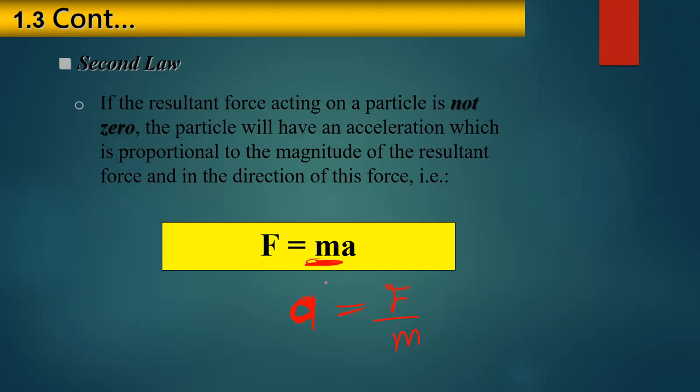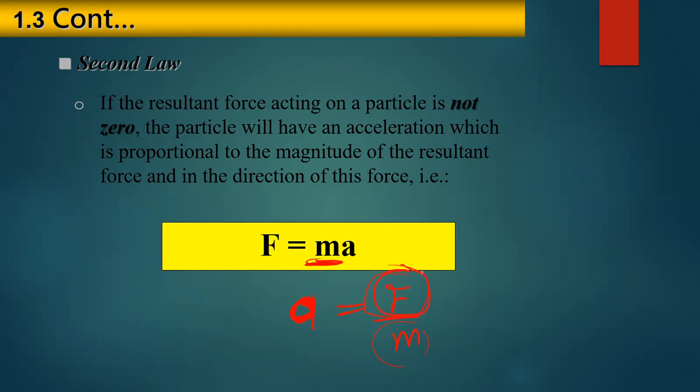So if you have a particle and a resultant force acting on it with its mass m, its acceleration is directly proportional to the magnitude of the resultant force, which is this F that you have there.